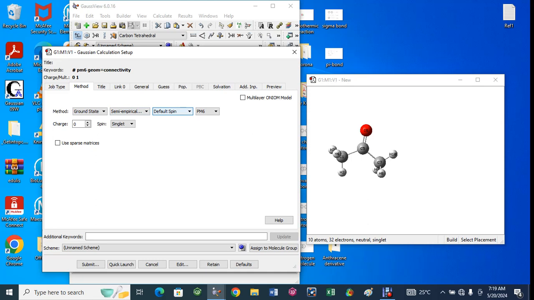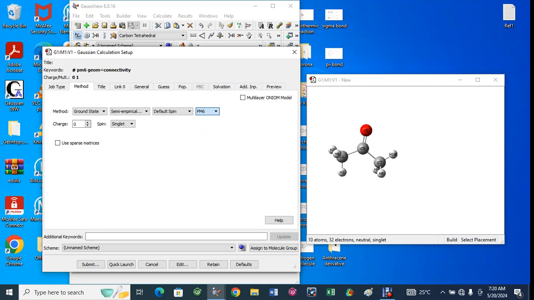Then we have the default spin. If you take a look at that, we can make it restricted, we can make it unrestricted, and then we can make it restricted open. Then we have our choice of method too here. This also falls under the choice of method. You can choose the parametric matrices, you can choose the PDDG, you can choose the Austin model 1, you can choose the parametric method 3, you can choose INDO and then you can choose the CNDO.